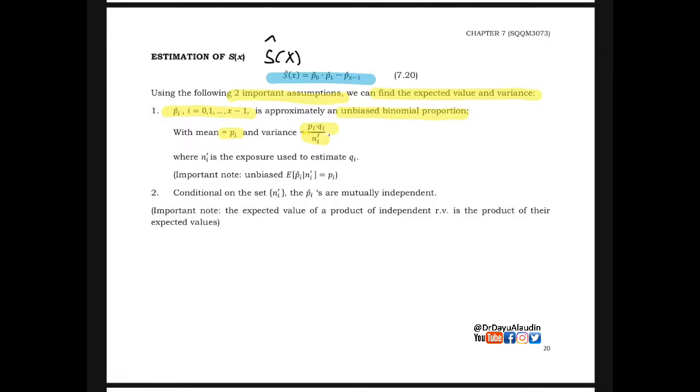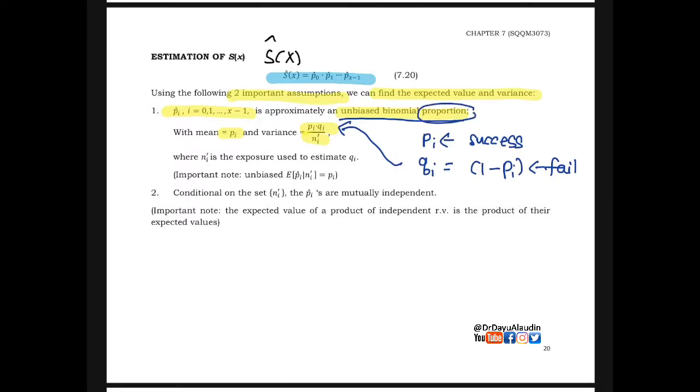So Pi in binomial, Pi is the success, so Qi or 1 minus Pi is the fail. So the variance for binomial is Pi times Qi. However, this time it is unbiased binomial proportion. So we have proportion here.